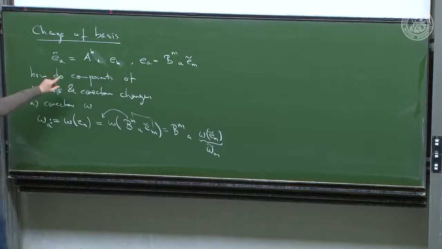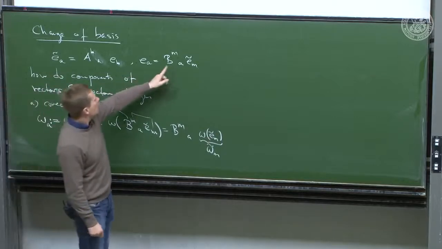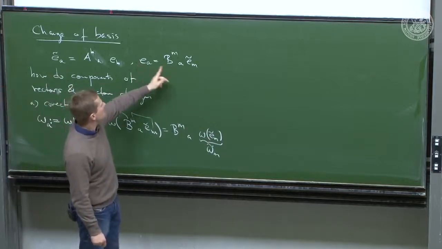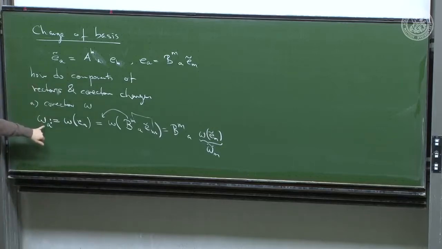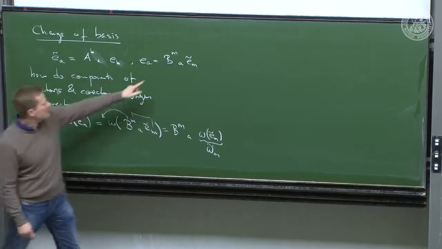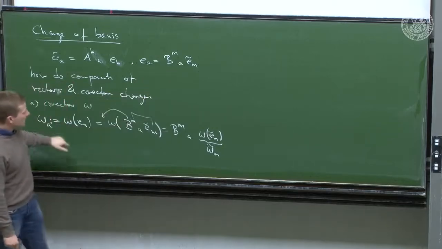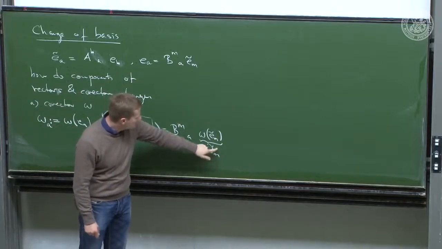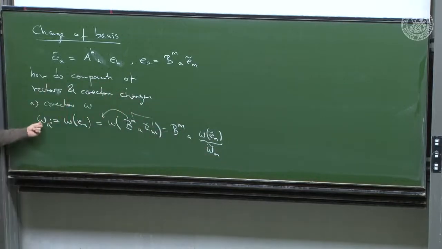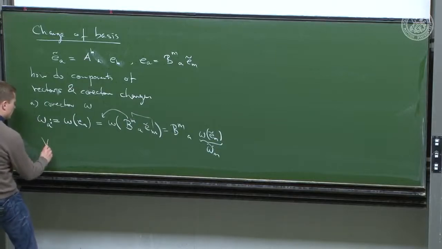So if you change bases, new basis or old basis is B times the new basis or the other way around, you get the rule for the change of components: you use this matrix B with the summation convention on the components in the twiddled system, and you get the components here. It's precisely the other way around for vectors, as we'll see.